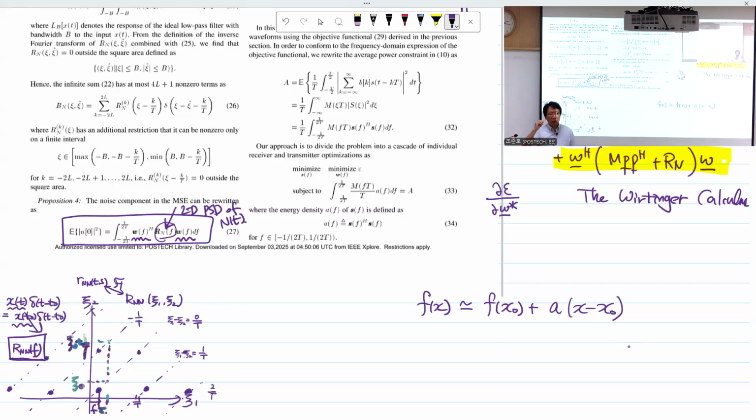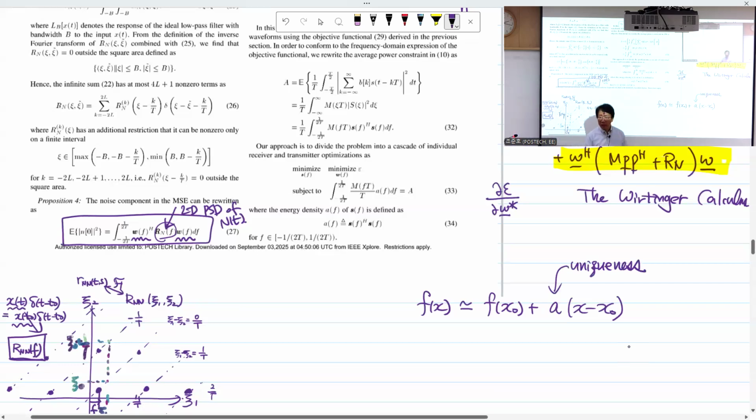If you apply the derivative twice, then some quadratic function. Three times, some cubic function, something like that. Got it? So uniqueness, not only the existence, uniqueness of this coefficient a is the core of the differentiability at x0.